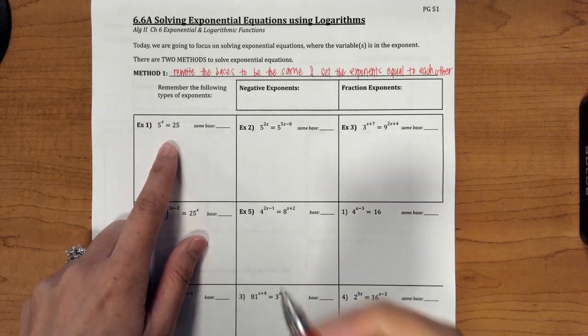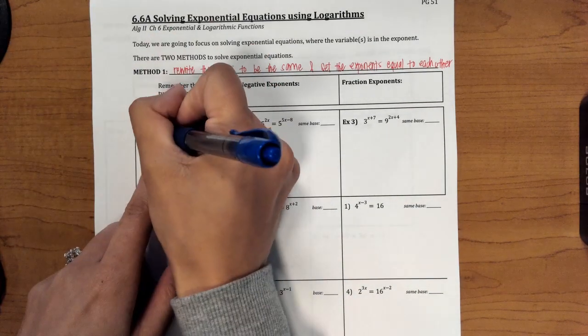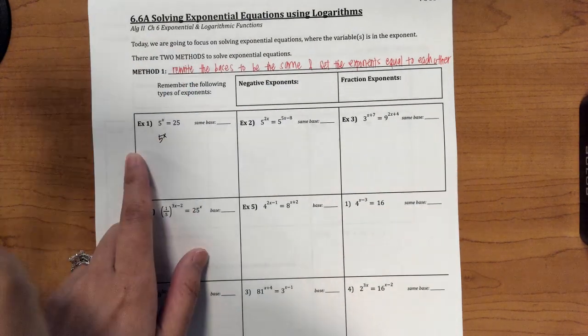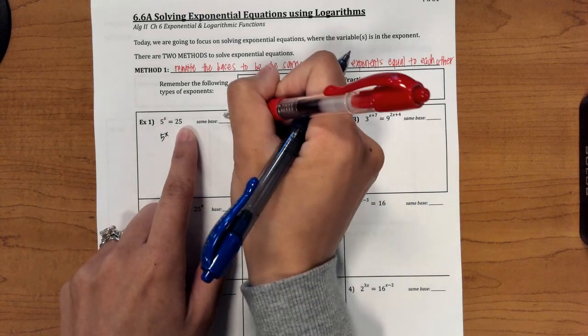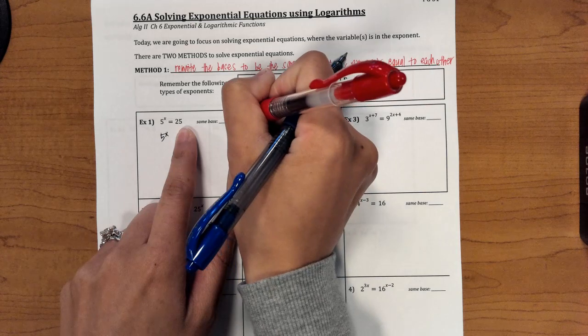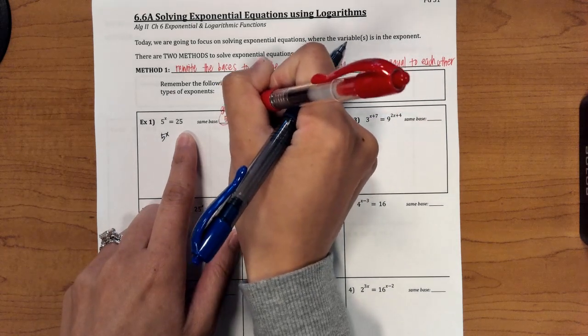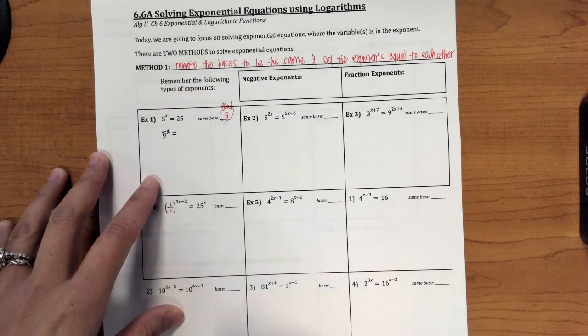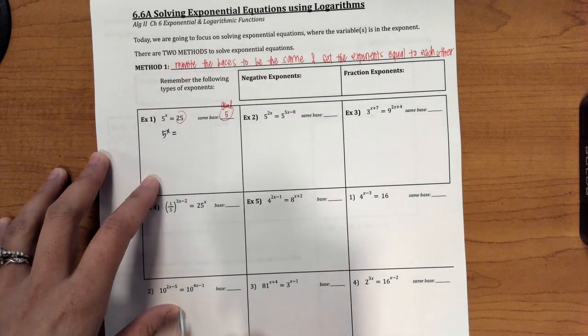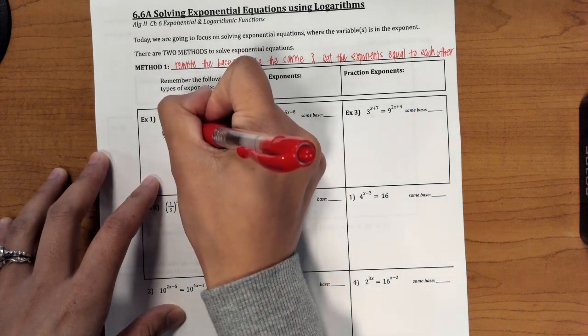But for example, if I have 5 to the x, and I notice that my bases right now are 5 and 25, well, I know 25 can be rewritten to have a base of 5. This is our goal here. Then I can rewrite 25 as 5 squared.